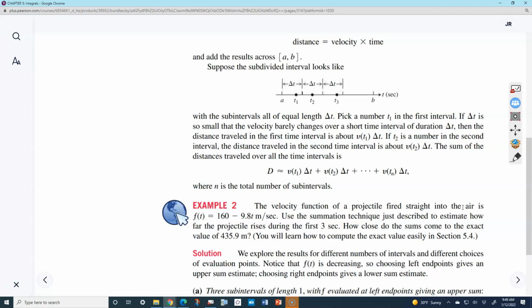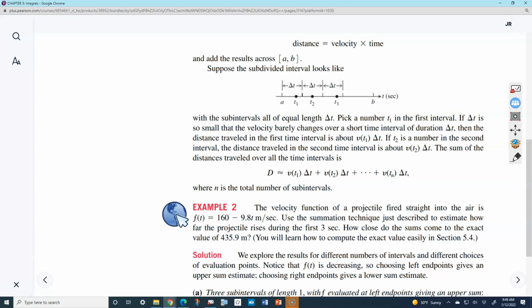Okay. With the subintervals all of equal length delta t, pick a number t1 anywhere in that first time interval. So if this whole thing is 20 seconds and we wanted 4... 1, 2, 3, well, I think I can actually fit 5 in there.